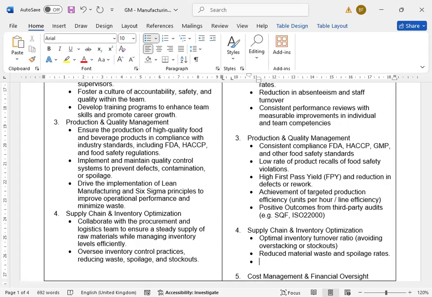Another indicator, consistent on time delivery. Okay. On time delivery of raw materials and packaging materials. I will just say packaging.